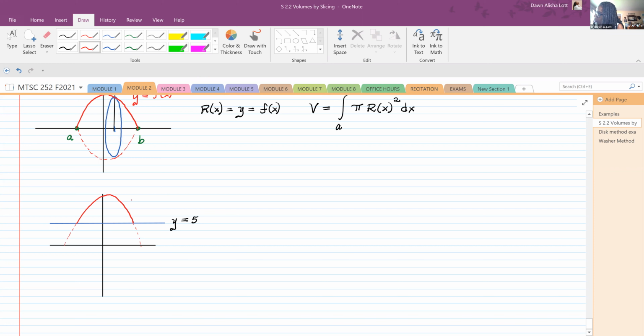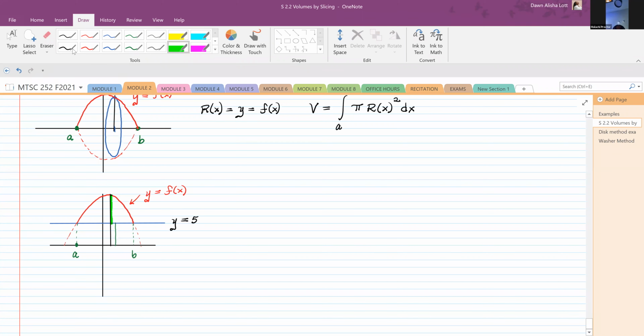And so this right here is my y, is my f of x. And so I would find this value right here would be A, and this value right here would be B. And now my radius is to take this whole thing, starting here and go all the way down, and then subtract this piece. And then that will give me my radius to be this piece.